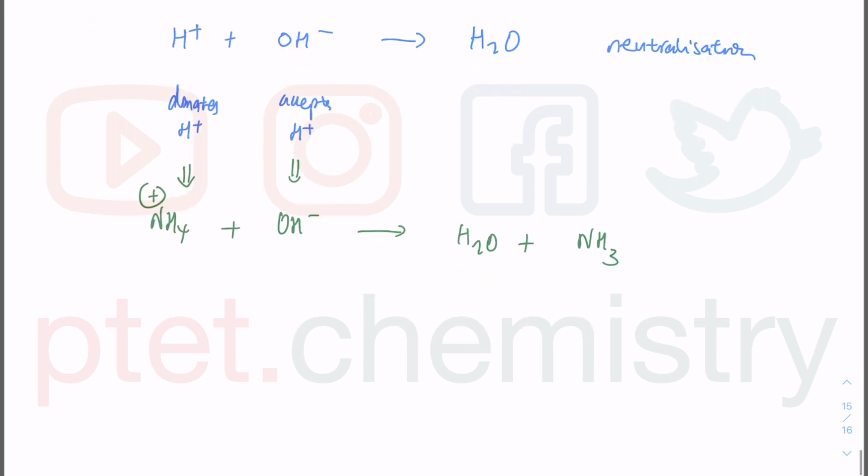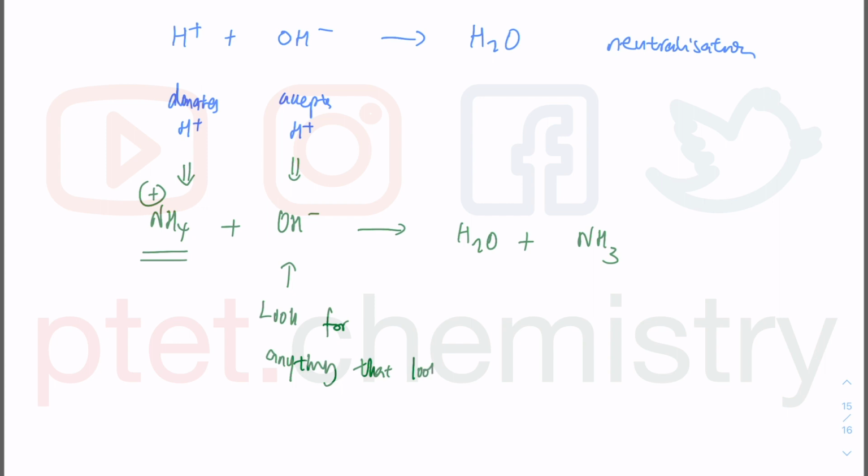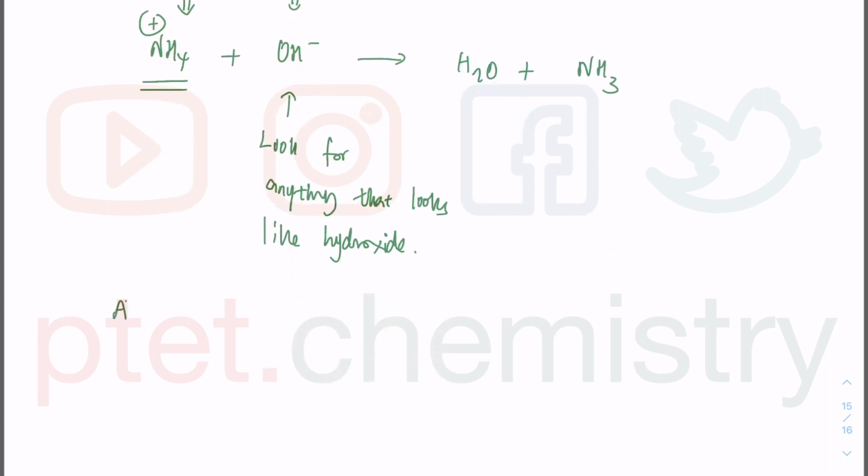Now you have quite a lot of options here. This is your ammonium chloride, so you look for hydroxide. Look for anything that looks like hydroxide, because obviously this question doesn't have hydroxide given in front of you. Option A is wrong because it's a carboxylic acid.